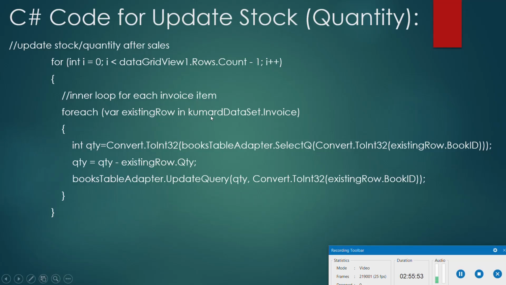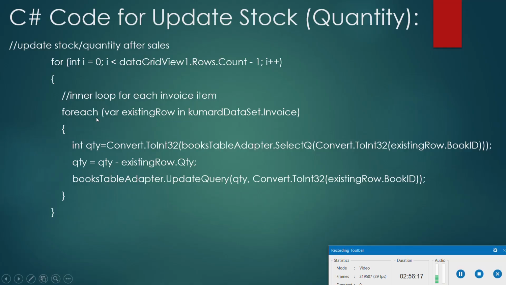So I think this outer for loop is not that important. Basically, it is just to make sure that you are executing this loop for as many times as you have rows. So data grid view one.rows.count, that's okay. The main code is this.